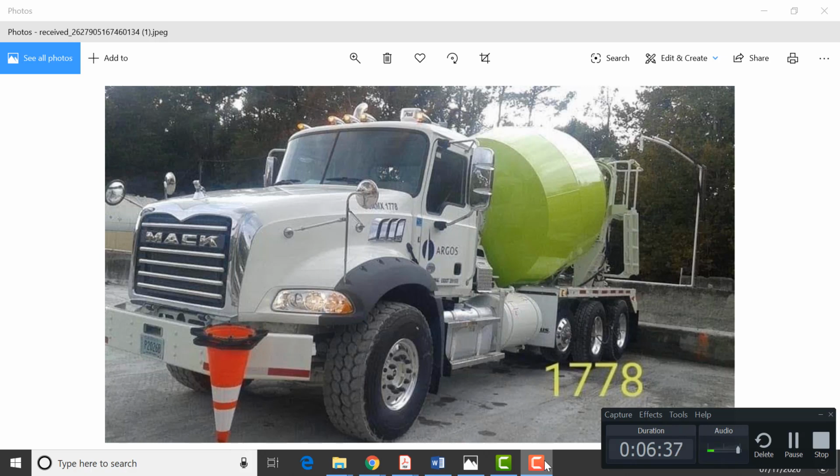Adjustment equals the aggregate weight times the converted free moisture. When the moisture content is greater than the absorption, the usual case, the aggregate will give up water to the mix. The aggregate quantity must be increased by the adjustment, and the water quantity must be reduced by the adjustment.